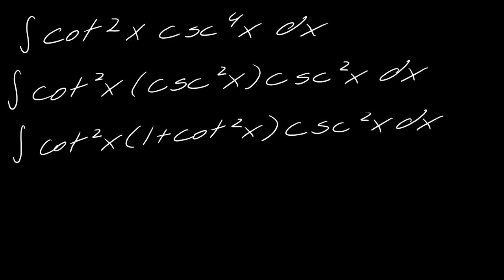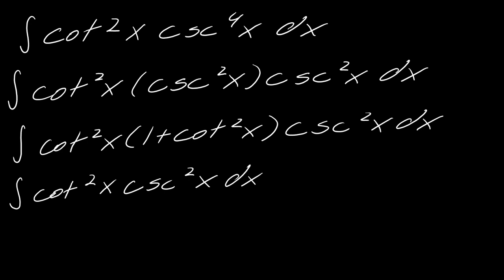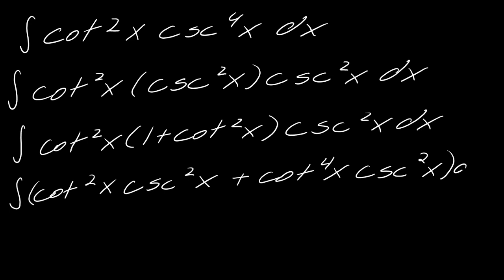So this is going to become cotangent squared x, 1 plus cotangent squared x, and then cosecant squared x dx. So now I'm going to go ahead and distribute everything. So this is going to be the integral of cotangent squared x cosecant squared x dx, and then the integral of cotangent to the fourth x cosecant squared x dx.